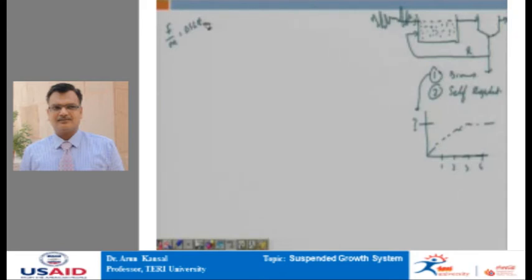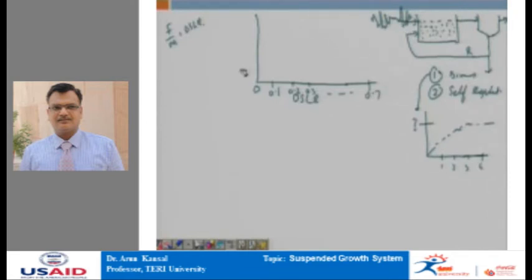First, let us consider the case. This is the graph of the amount of biomass in terms of organic sludge loading rate, starting from 0, 0.1, 0.2, 0.3, and so on till 0.7.